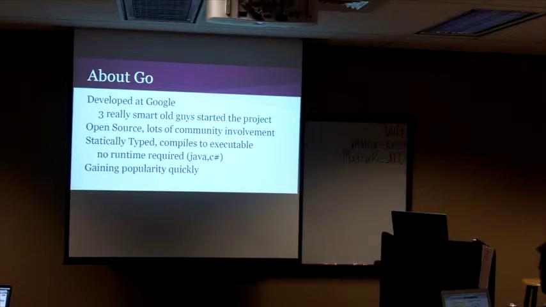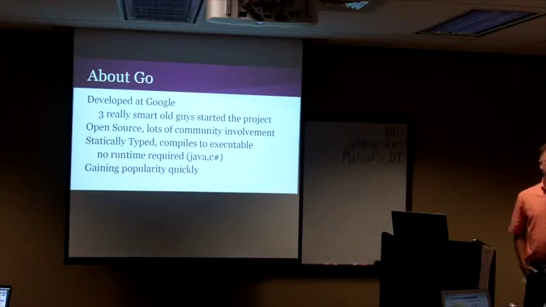Go was developed at Google. Three employees who were pretty old hands had done some pretty major projects. They were getting frustrated with the tools at Google for building large, high-performance systems, which they were mainly doing in C++. So they came up with some ideas, and then eventually the ball got rolling. They got some more people involved, and it started picking up a lot of steam.